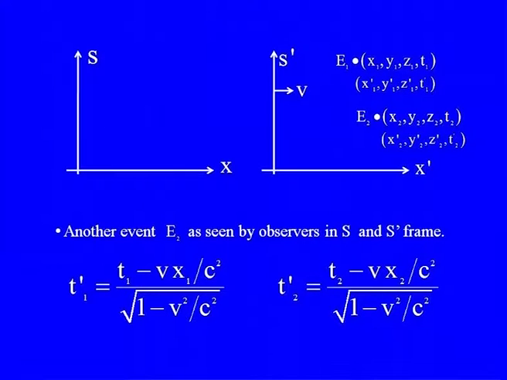And the same thing for the second measured time in frame S prime. That is, t2 prime is just t2 minus v x2 by c square, divided by root over 1 minus v square by c square. Remember, the unprimed quantities are for the S frame, and the primed quantities are for the S prime frame.